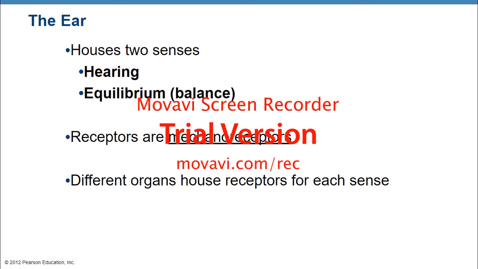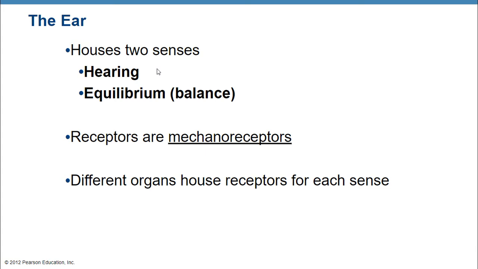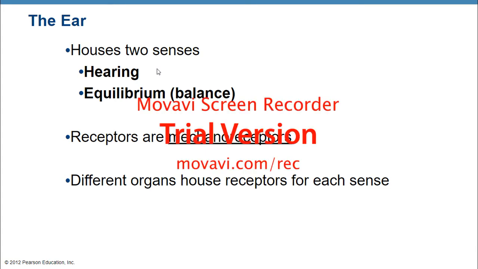The external and middle ear structures serve the needs of hearing only. So hearing only is going to be with the external and middle ear, whereas the internal ear structure is going to deal with both hearing and equilibrium.